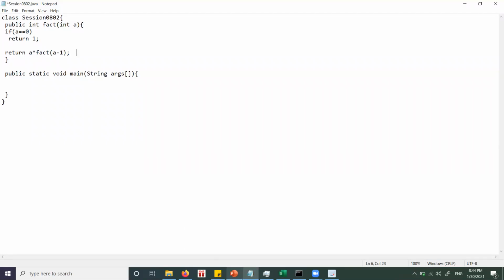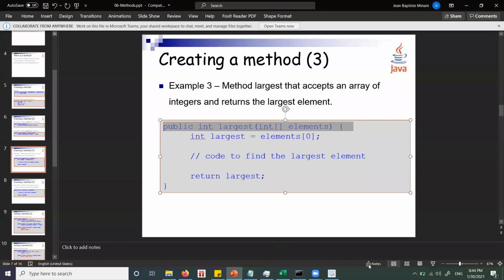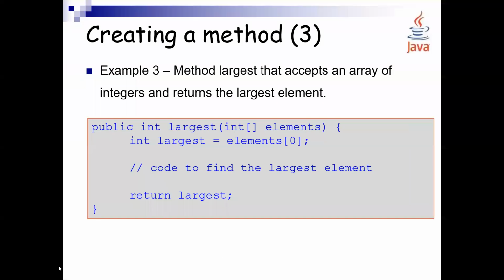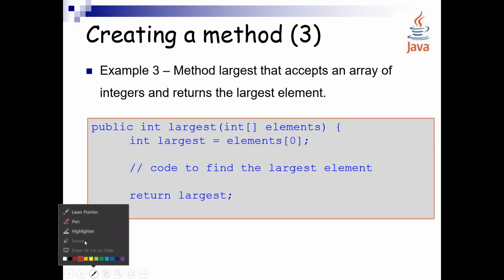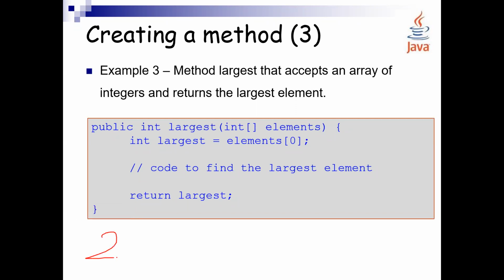So now let's put it in real context and see how it works. If you are given a factorial of 2, how can you calculate it? Let's start with that one, factorial of 2. Based on this concept, it is 2 times factorial of 1.